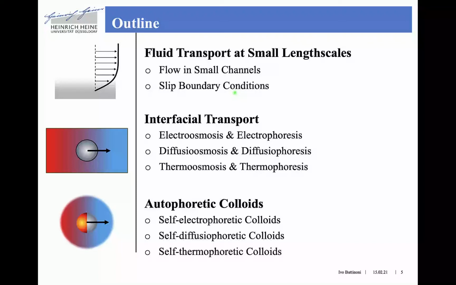After that, I will discuss the three main mechanisms of interfacial transport: electroosmosis and electrophoresis, diffusioosmosis and diffusiophoresis, and thermoosmosis and thermophoresis, where the only difference between osmosis and phoresis lies in the different boundary conditions.